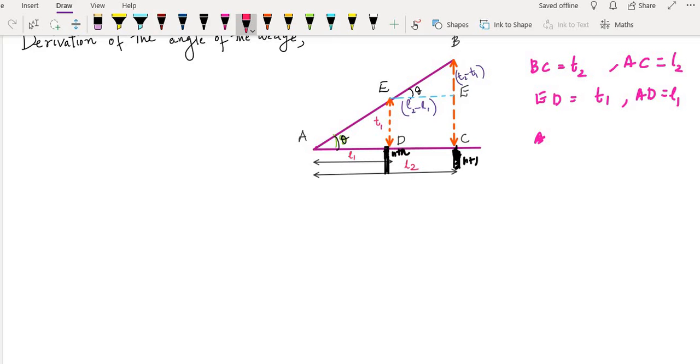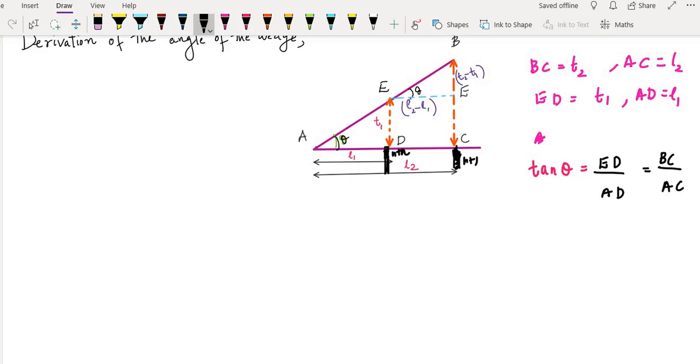Now consider theta. We know tan theta is opposite side by adjacent side. So tan theta is equal to ED divided by AD, which is also BC divided by AC.